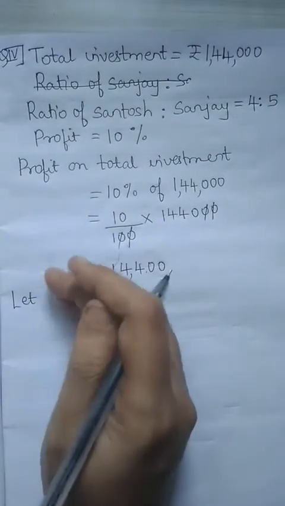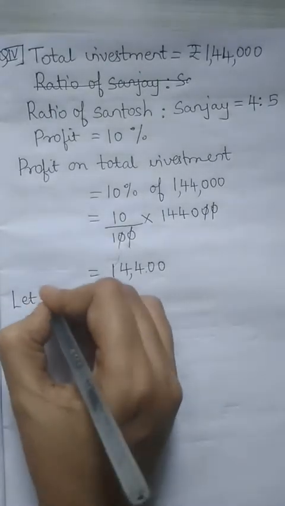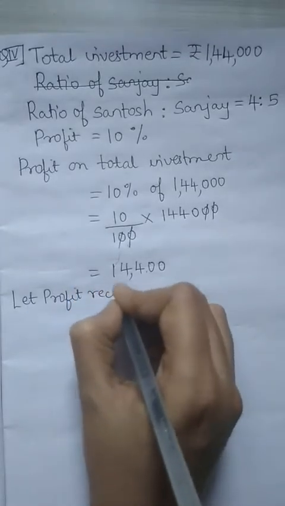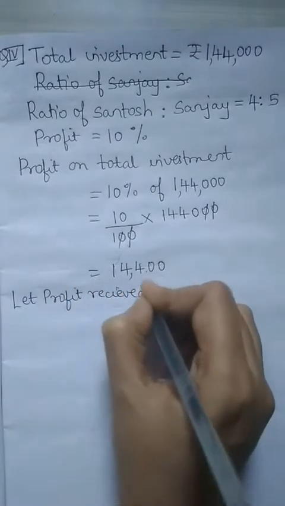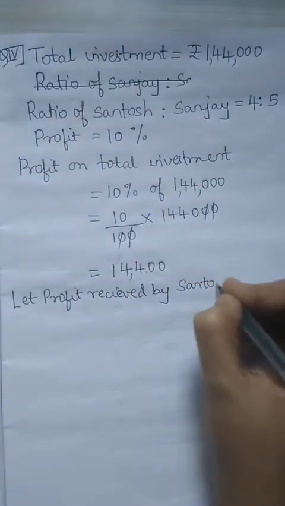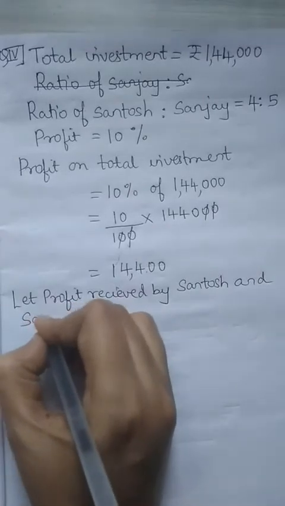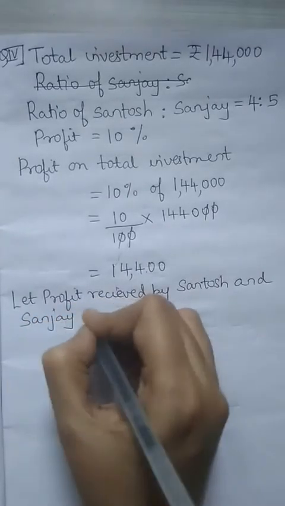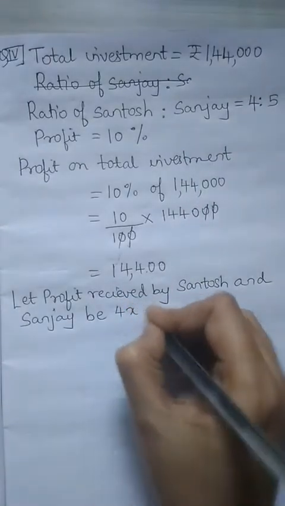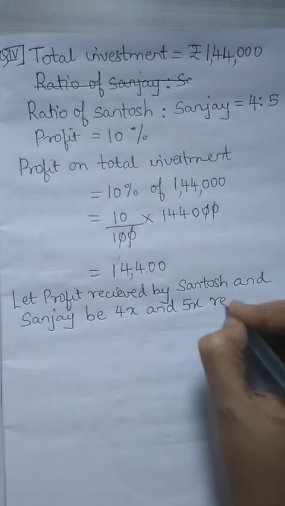Now let's see how much profit each person received. Let the profit received by Santosh and Sanjay be 4x and 5x respectively.